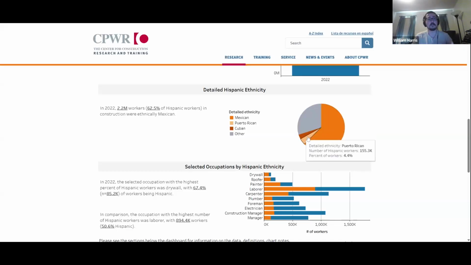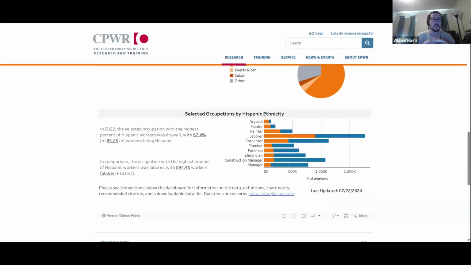Furthermore, we see 4.4% are Puerto Rican and 3.2% are Cuban. The remaining 29.9% are workers who come from other backgrounds. These can include El Salvador, Ecuador, Colombia, and other Central and Southern American countries that speak Spanish. And upon request, we can also take a look into these more detailed demographic categories as well, although we don't go into them in this chart.